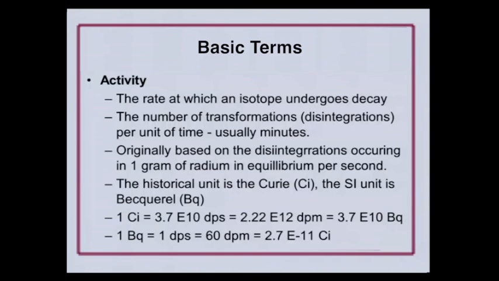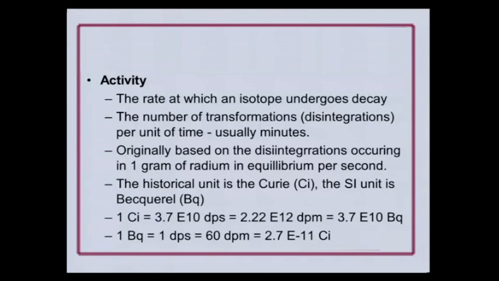When we're looking at activity, it all started way back when we started studying all of this. We started discussing the fact that radioactivity deals with the atoms undergoing transmutation. They're changing.